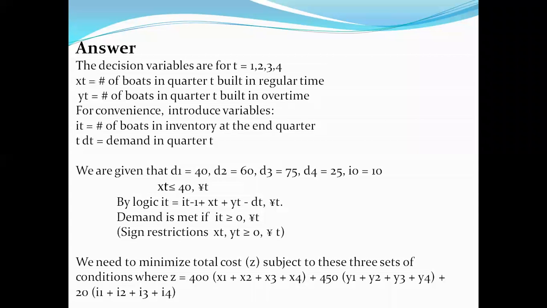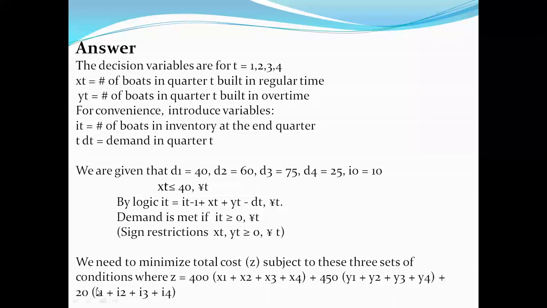Moving on to the certainty concept here, we need to minimize the cost, subject to three sets of considerations. Basically, we need Z equal to the nominally paid amount of 400 for quarter 1, plus 400 times x2 plus x3 plus x4, for 4 quarters. Simultaneously, if additional time is obtained, 450 wages will be paid, additionally 50 rupees or $50, for y1 plus y2 plus y3 plus y4, the number of labors.